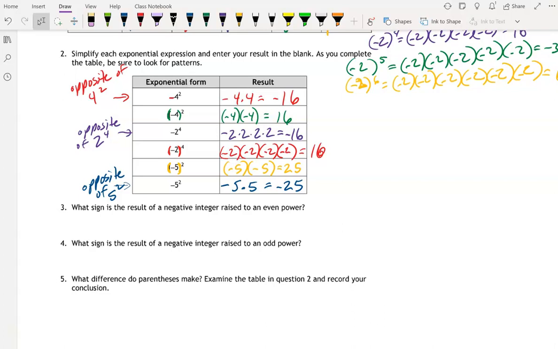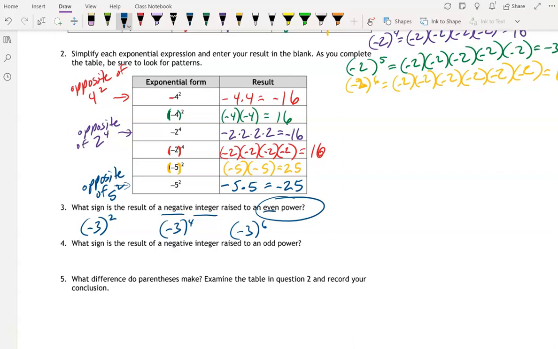What sign is the result of a negative integer raised to an even power? So a negative integer, like say -3, raised to an even power like 2, or -3 to the 4th power, or -3 to the 6th power. Look at those exponents. Notice that that number is in parentheses.